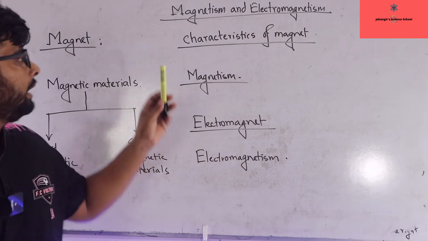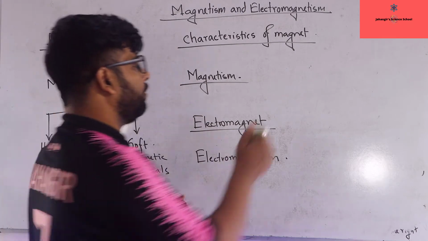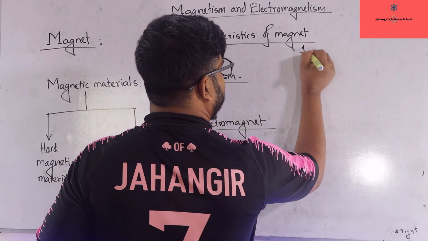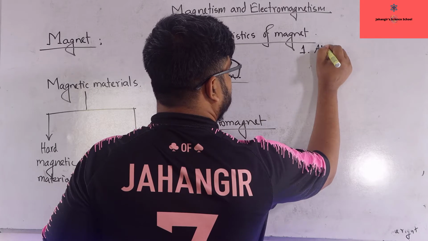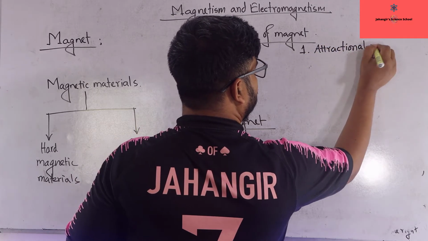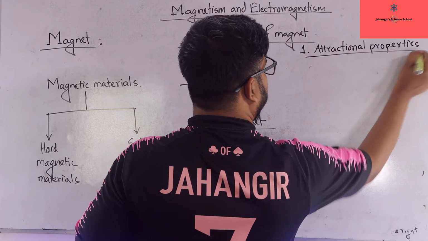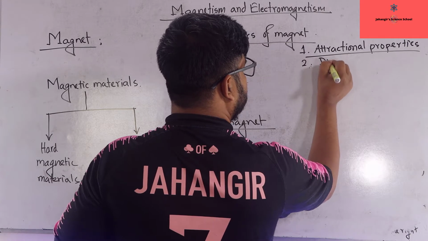Now characteristics of magnet. Mainly there are three characteristics. One is attractional properties. Number two, directional properties.